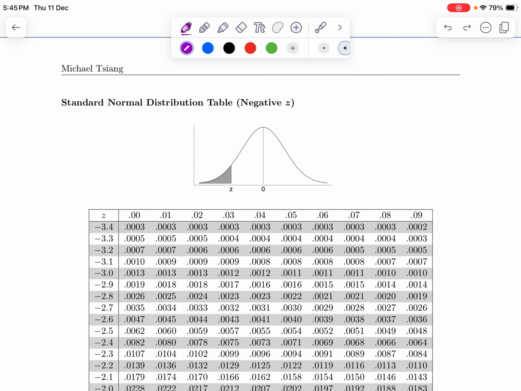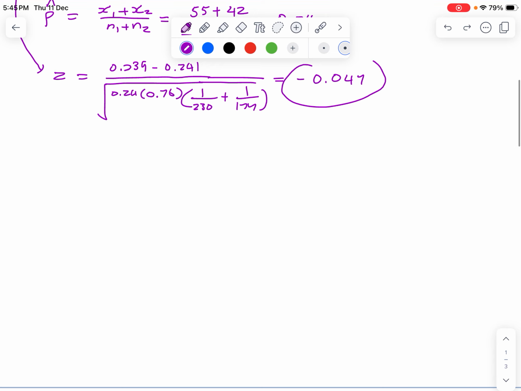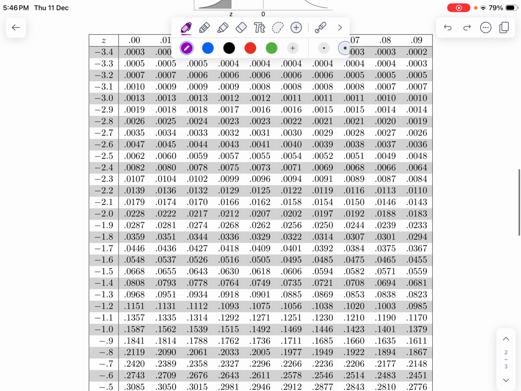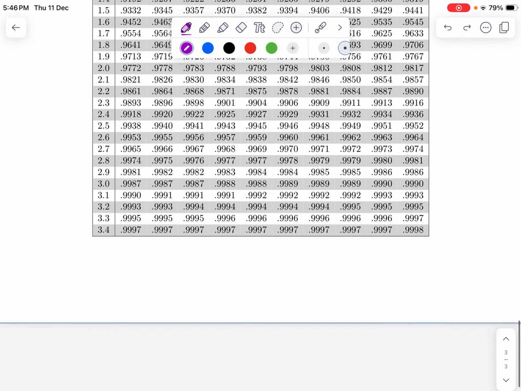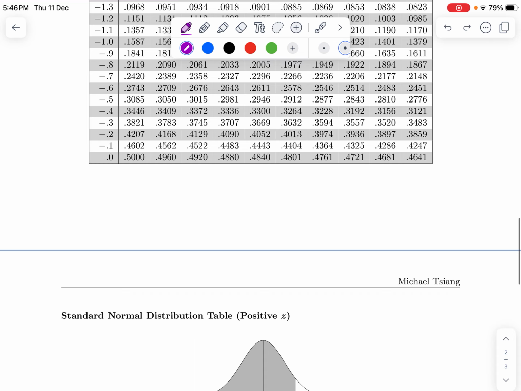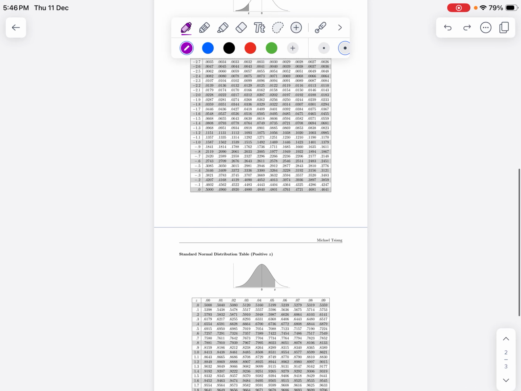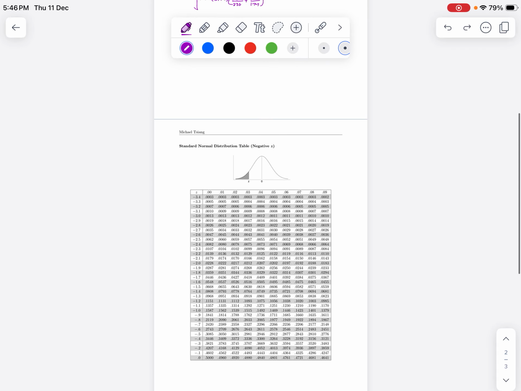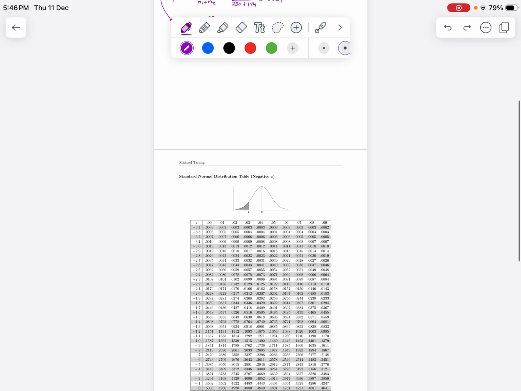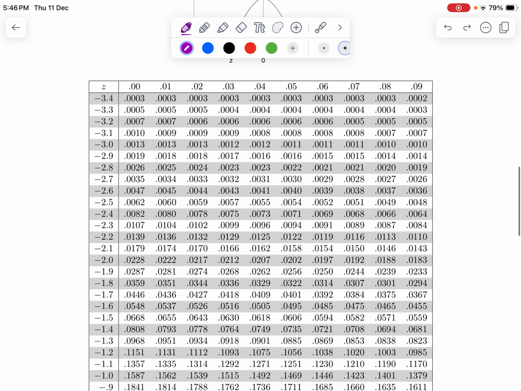Remember that our z-score is negative 0.047. This is a long table, but we want to see which page to use. Here it says positive, and here it says negative. Our z-score is negative 0.047, so we want to use this page.